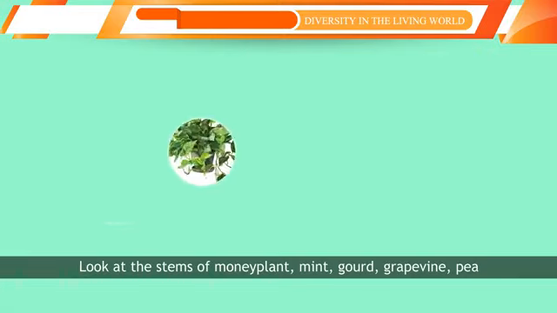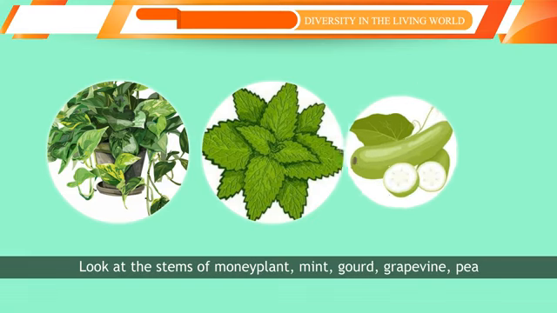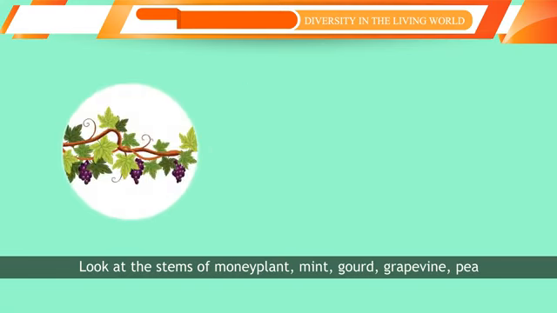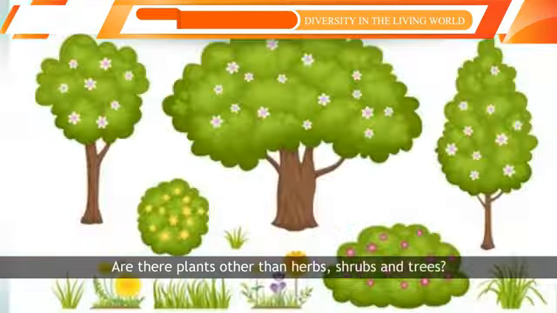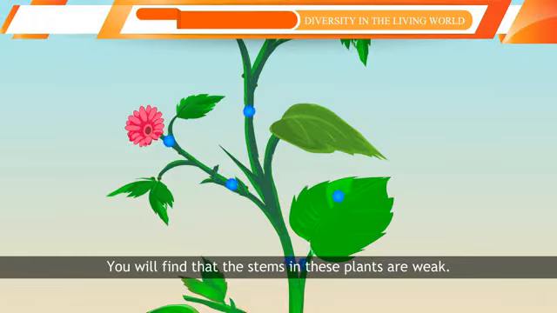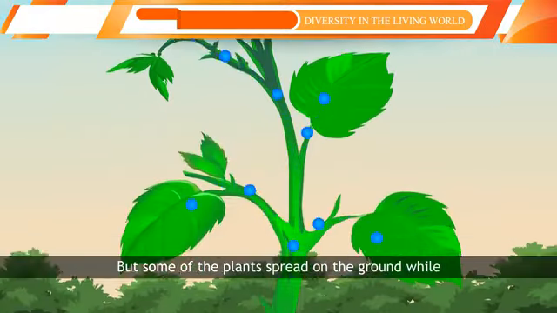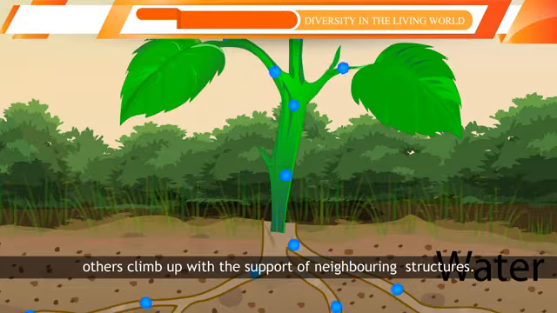Creepers and climbers. Look at the stems of money plant, mint, gourd, grapevine, pea, and cucumber. Are there plants other than herbs, shrubs, and trees? You will find that the stems in these plants are weak, but some of the plants spread on the ground while others climb up with the support of neighboring structures.